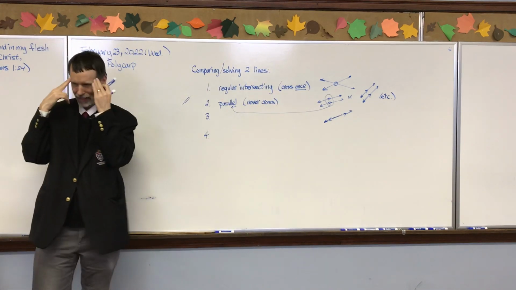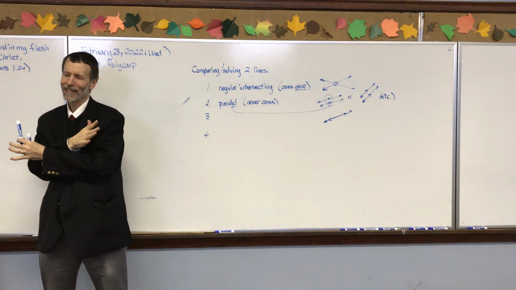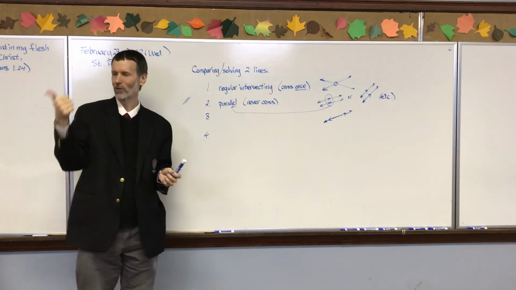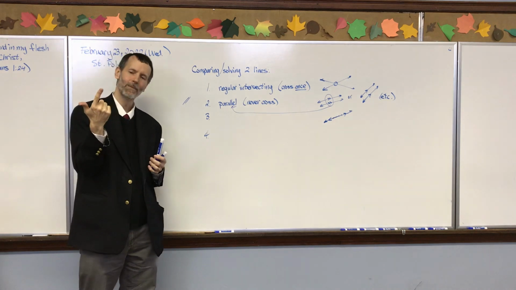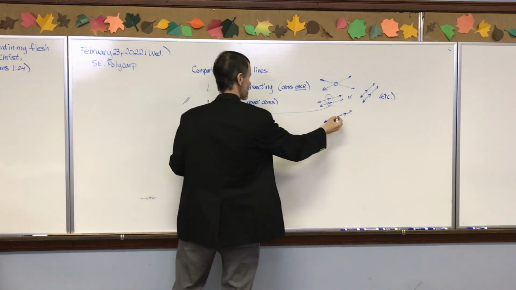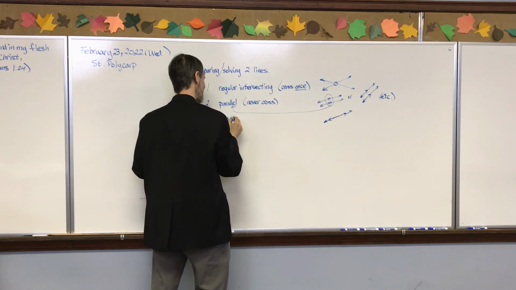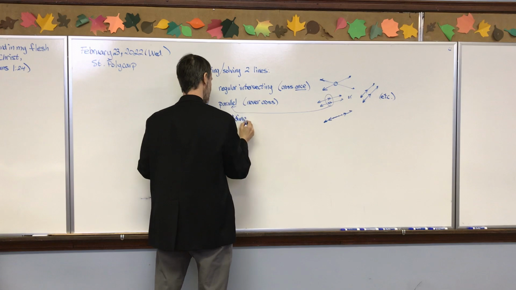Now, can 2 lines cross like 5 times? No, they can't. They can either cross 0 times, 1 time, or infinitely many times, and those are the only options. This, by the way, is called coinciding lines.